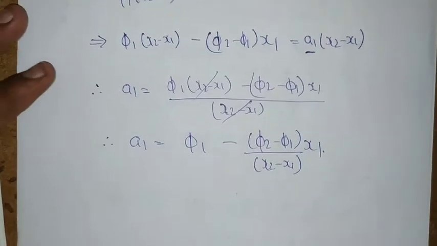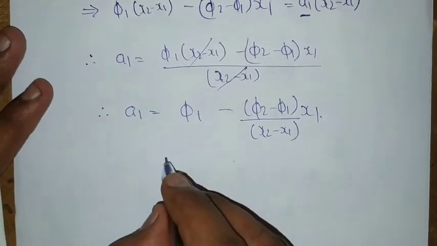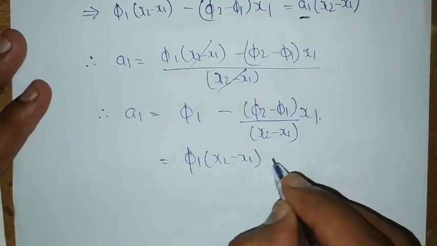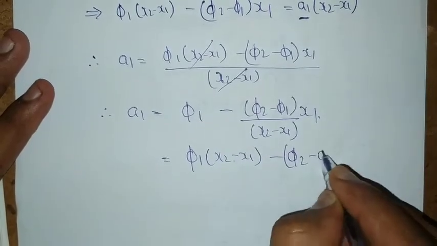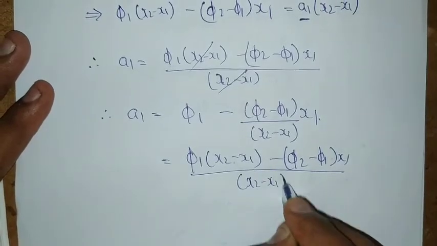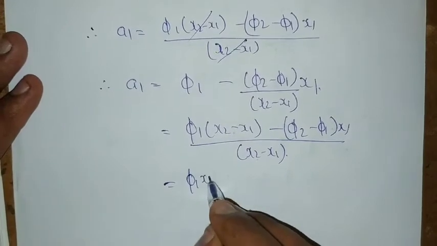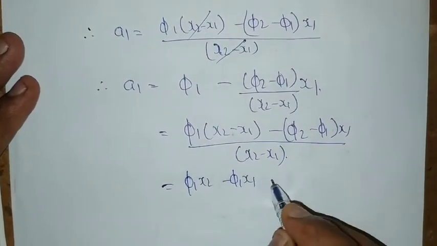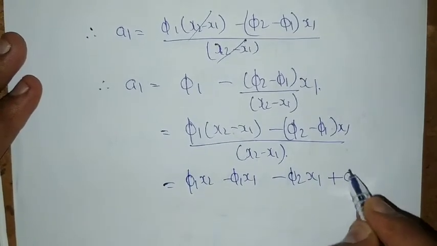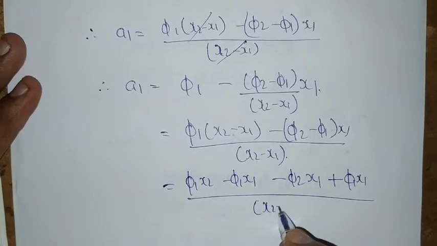So next what you have to do, if I am going to take LCM as x2 minus x1, then it can be written as pi 1 of x2 minus x1 minus of pi 2 minus pi 1 of x1 by x2 minus x1. So substitute the values, then pi 1 x2 minus pi 1 x1 minus pi 2 x1 plus pi 1 x1 by x2 minus x1.